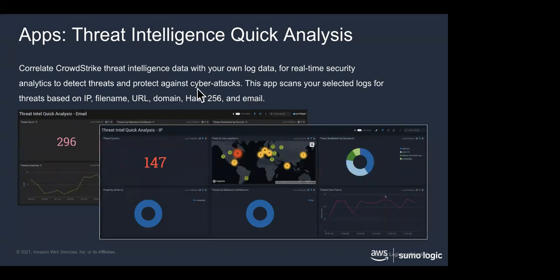And obviously, since our focus today is on security, we could talk a little bit about that, right? So we can actually see here some threat intel, quick analytics based on IP, based on email, based on whatever's going on. And we can correlate that CrowdStrike data. We have a partnership with CrowdStrike.